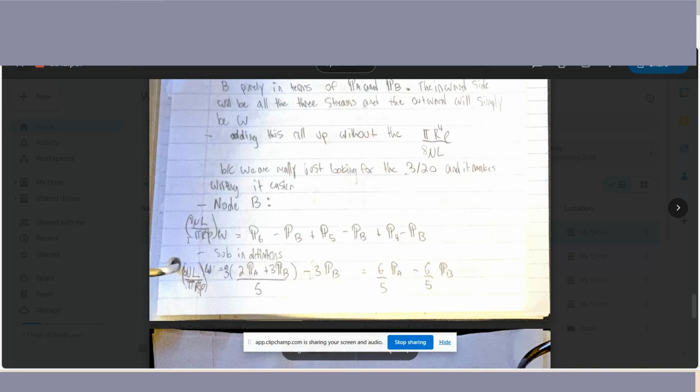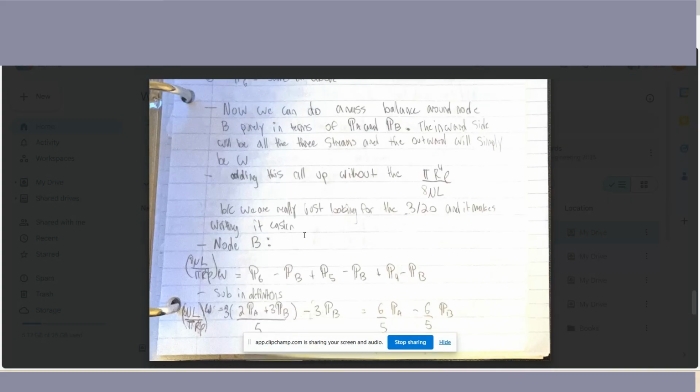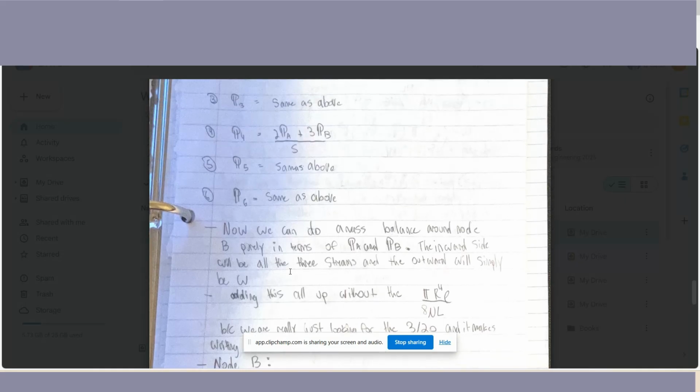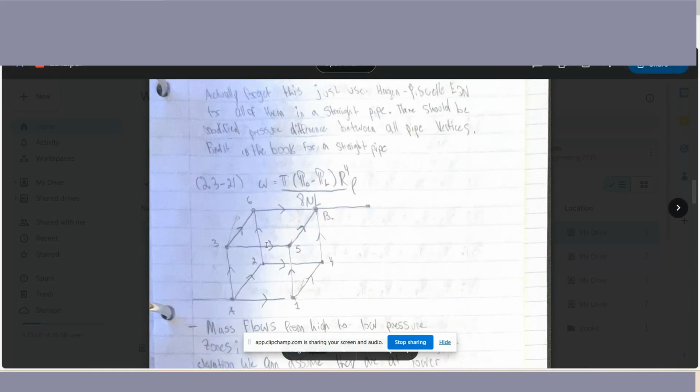The mass flow and then dividing out those terms. And then that equals all of the inlet pressures, which is P6 minus PB, 6 minus B, and it's going to be 5 minus B plus 4 minus B.